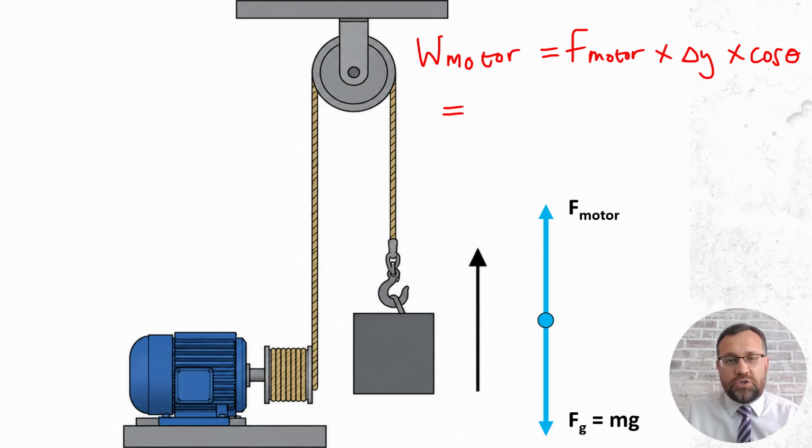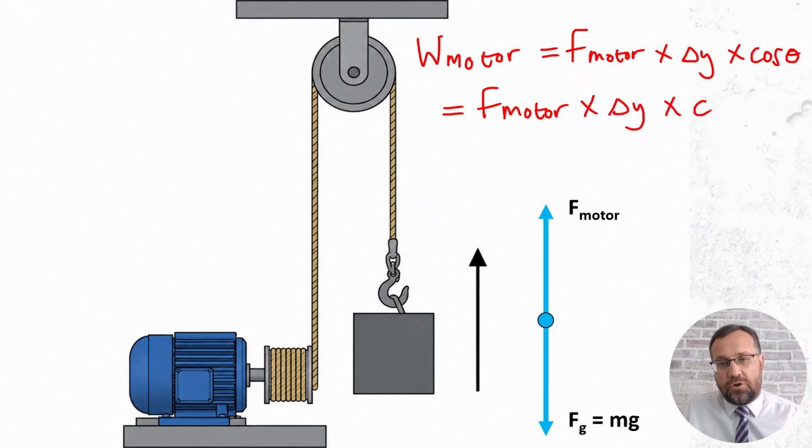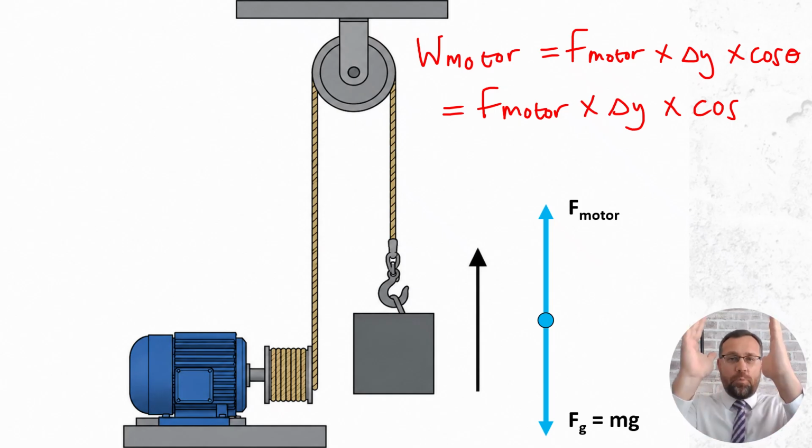So this will be equal to the F of the motor, which remains constant as it is equal in magnitude to the weight of the load, times delta H times the cos of theta. And what is theta? The force acts upwards on the load and the displacement is also upwards. So theta is equal to 0 degrees. And the cos of 0 degrees is 1.